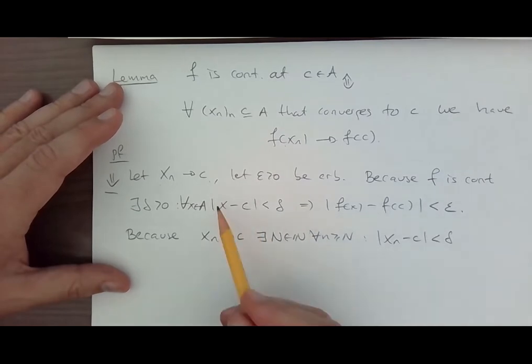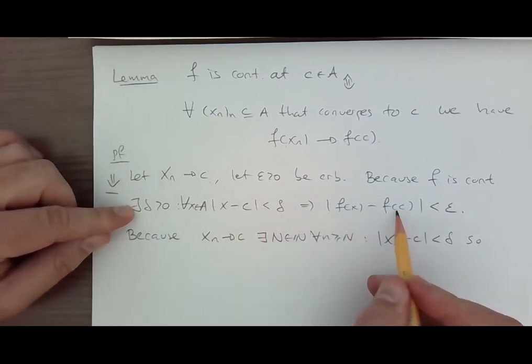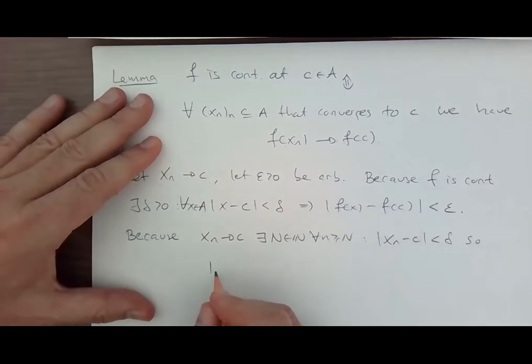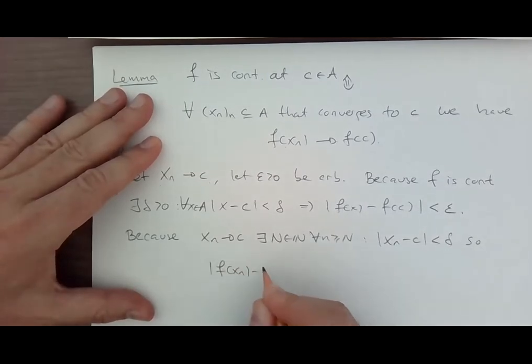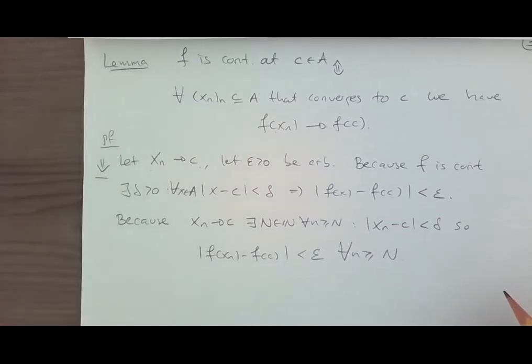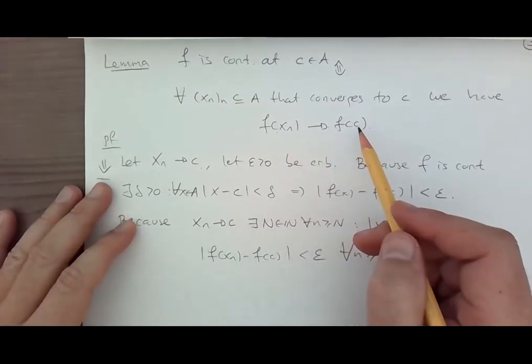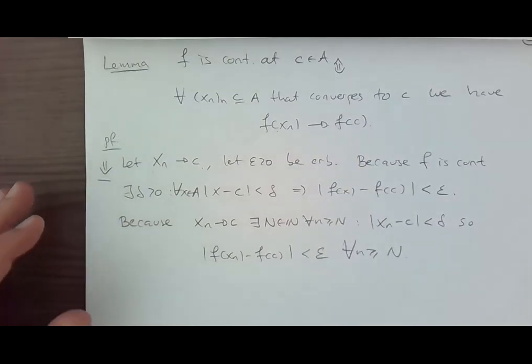So my xn sits in here. So because xn satisfies this property, given that f is continuous, I'm going to get the other one. So this implies that f of xn minus f of C is less than epsilon for any n bigger than N. Okay, but that's what it means to converge. So this was one direction.